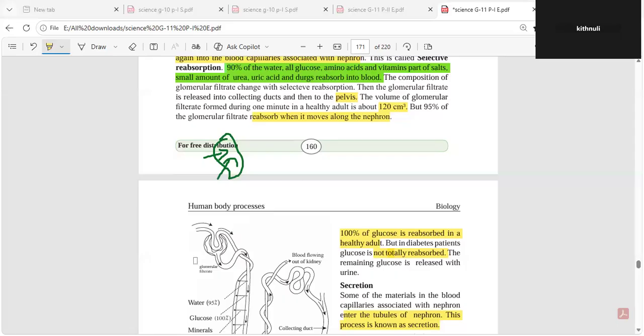Please calculate and say the answer for this reabsorption. 95% from the 120. So what is the final volume of the glomerular filtrate after selective reabsorption?